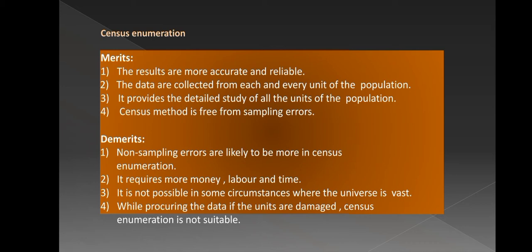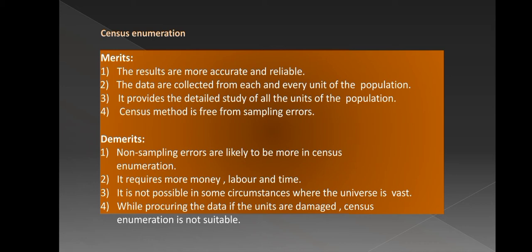And we can see some demerits here. The first one is that non-sampling errors are likely to be more in census enumeration. When the government employees go and collect the information, they may make some mistakes while recording it.